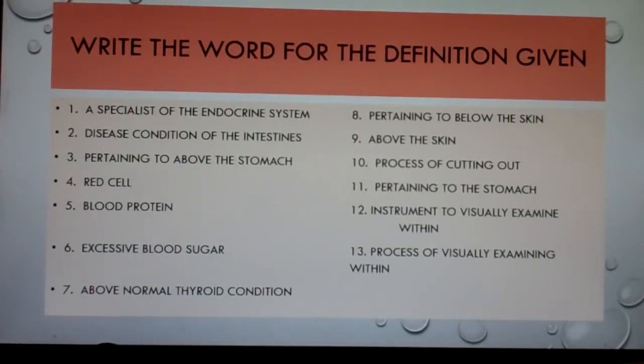Number 4, red cell. Number 5, blood protein. Number 6, excessive blood sugar. Number 7, above normal thyroid condition.